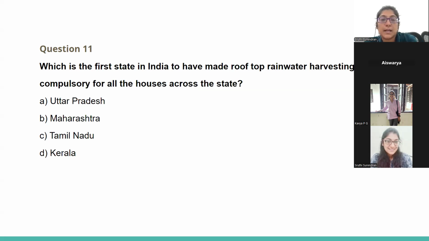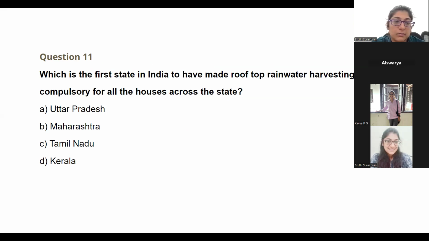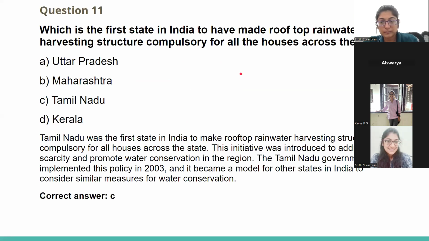Which is the first state in India to have made rooftop harvesting structures compulsory for all the houses across the state? So it is Tamil Nadu.